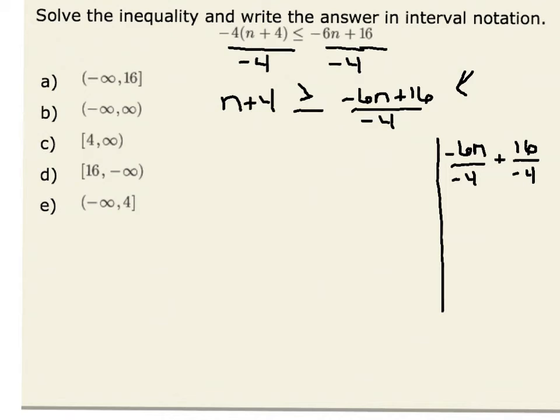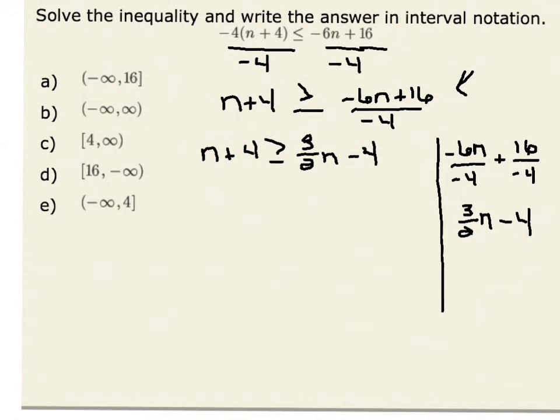Negative 6n divided by negative 4 is the same as 3/2 n, and 16 divided by negative 4 is a negative 4, giving us our right-hand side of the inequality to be the same as 3/2 n minus 4. Now I could go ahead and isolate my variable on one side of the inequality.